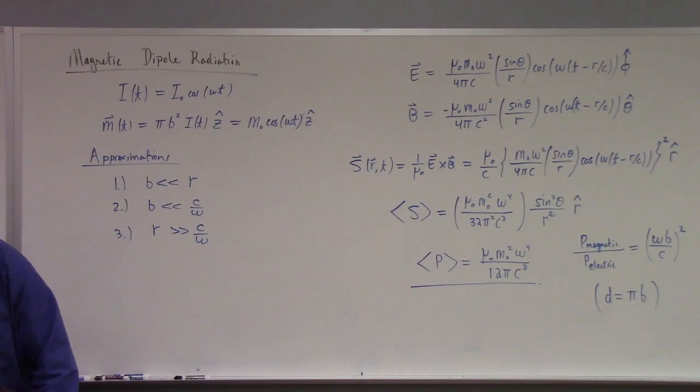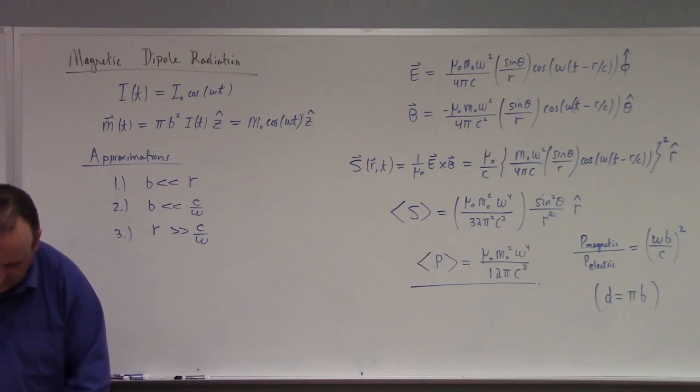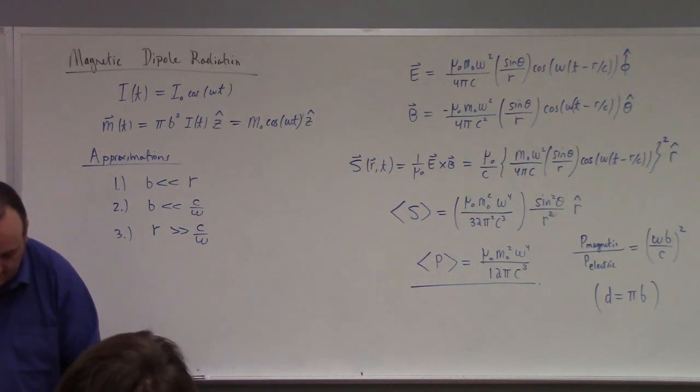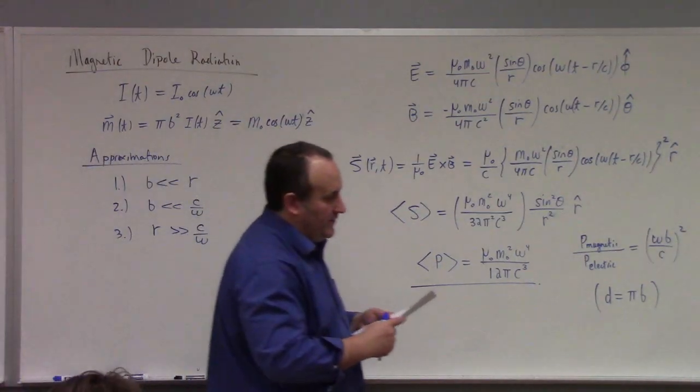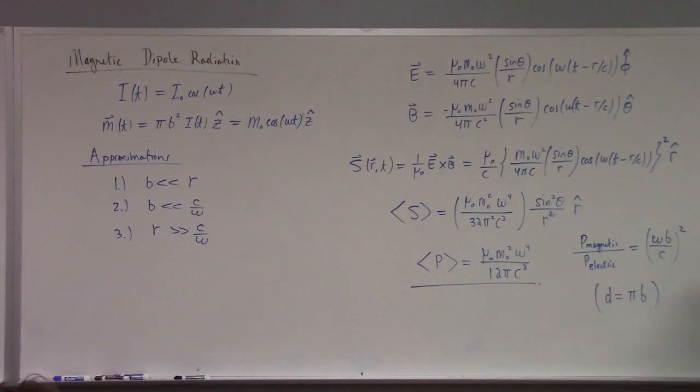He goes through some calculations, and ultimately he finds that the electric and magnetic fields due to an arbitrary localized accelerating charge give you the radiation, the far field E and B, as follows.